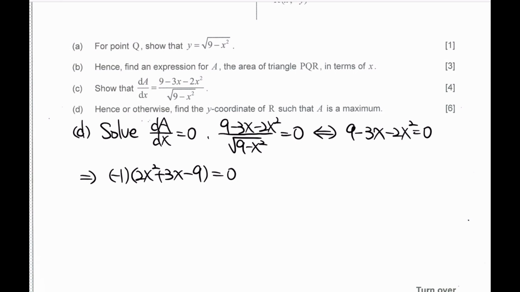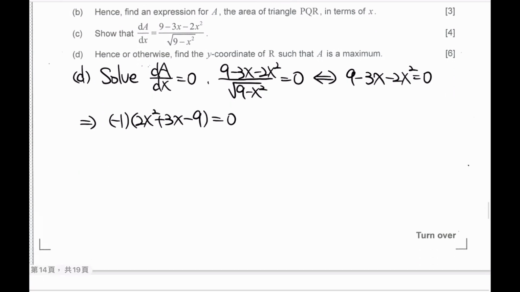Then we want to solve this equation by factorizing the quadratic polynomial on the left. We can use the cross method. So we write the x and x here. First we decompose the coefficient of x squared, and there's one way to decompose 2. It is either 1, 2 or 2, 1, but they are the same in this case.